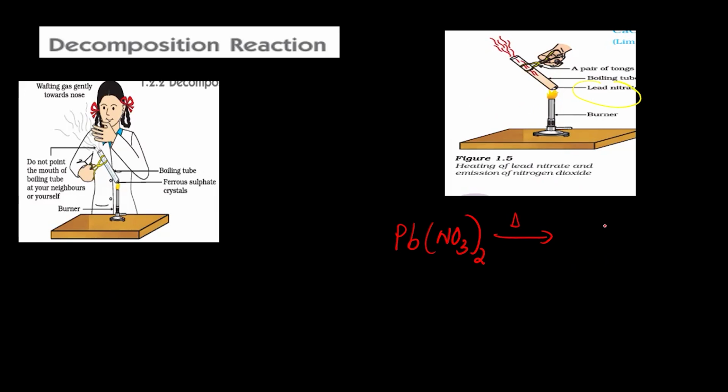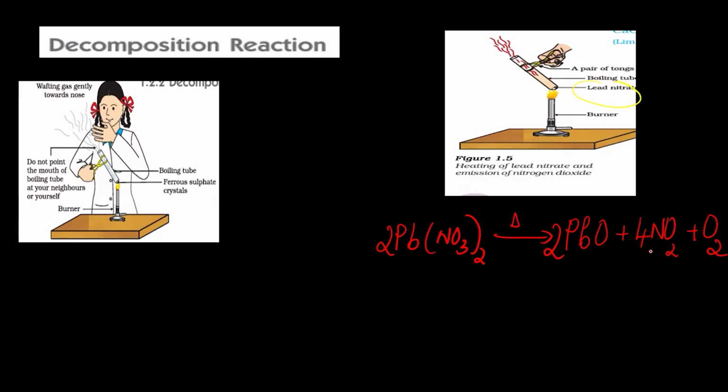That gas is nitrogen dioxide. So you will be getting PbO, lead oxide, plus nitrogen dioxide and oxygen also during this reaction. So you have to balance this. Putting a 2 here, balancing is completed. So this is another reaction we have to study.